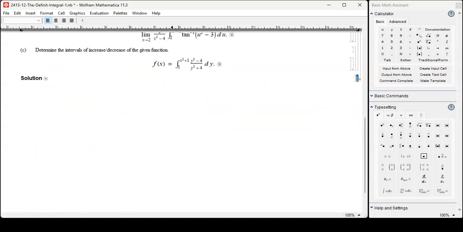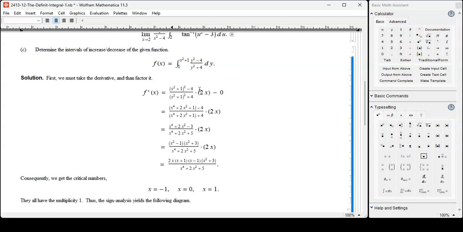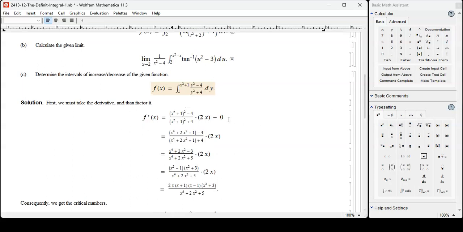Let's see, what did I do in my answer key here? Take the derivative and then minus 0 because this one is constant. And then here I broke apart and then refactored. I did it the hard way.